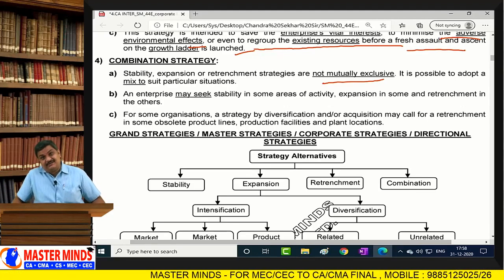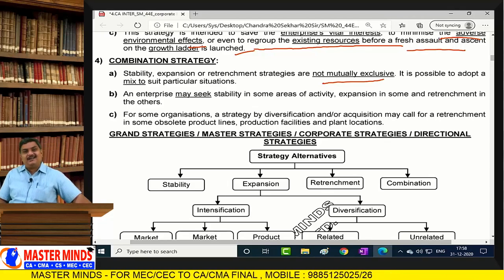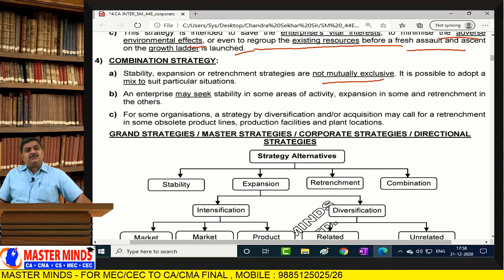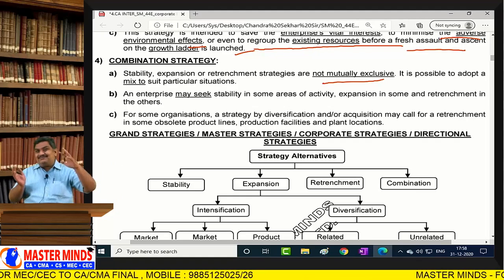If that is the case, it is wrong. That is what I am telling you several times. You cannot decide on a single strategy at the corporate level, because there are different business environments for different businesses. So we need to have a combination of them.